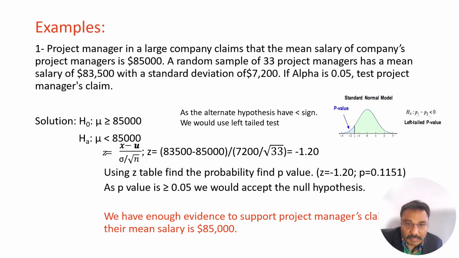Using the z table, we find the probability, which is 0.1151. As the p-value is greater than 0.05, we accept the null hypothesis. We do not have enough evidence to reject the project managers' claim that their mean salary is $85,000. That's how we do it.